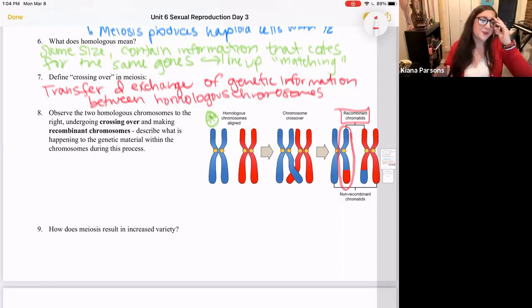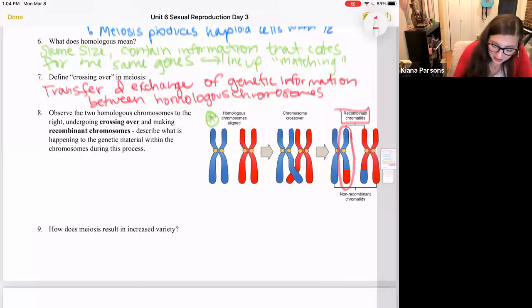Pretty cool stuff. So observe the two homologous chromosomes to the right, undergoing crossing over and making recombinant chromosomes. Describe what is happening to the genetic material within the chromosomes during this process.